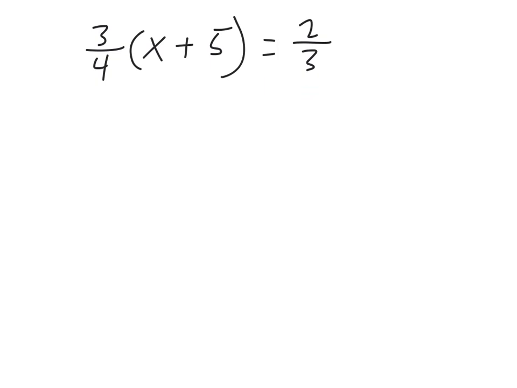So, again, to get rid of these fractions first, we put the entire equation into parentheses, and then we want to find what number do 4 and 3 both multiply into. Well, 4 times 3 is 12, and 3 times 4 is 12, so they both multiply into 12.